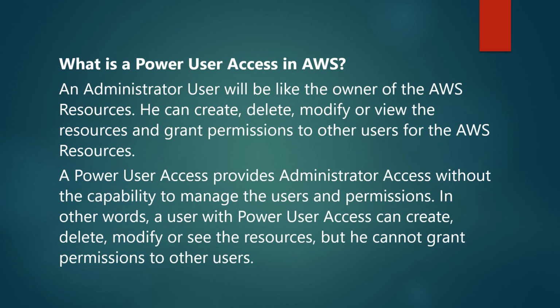Power user access provides administrator access without the capability to manage the users and permissions. In other words, a user with power user access can create, delete, modify, or see the resources, but he cannot grant permission to other users.